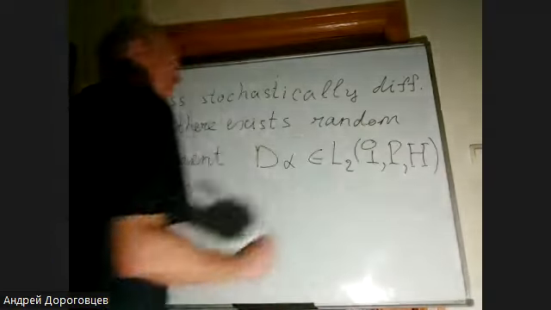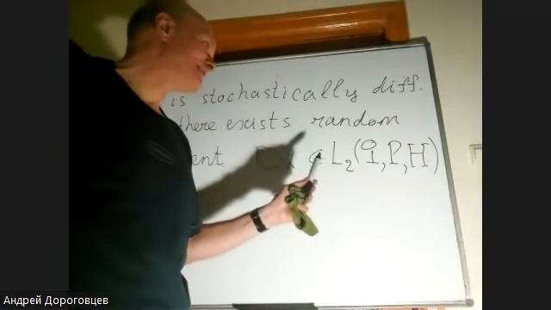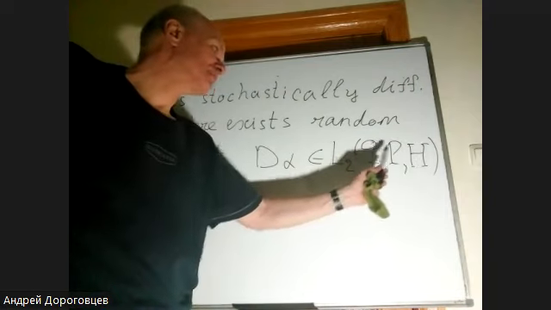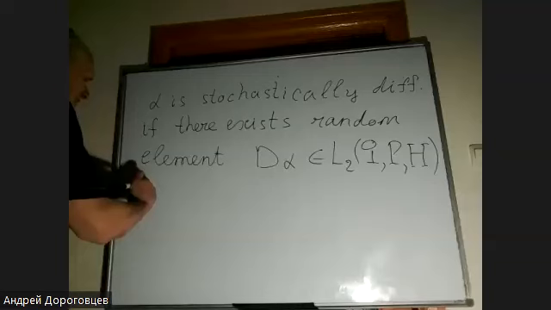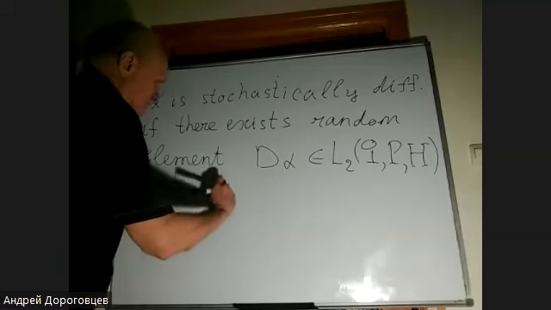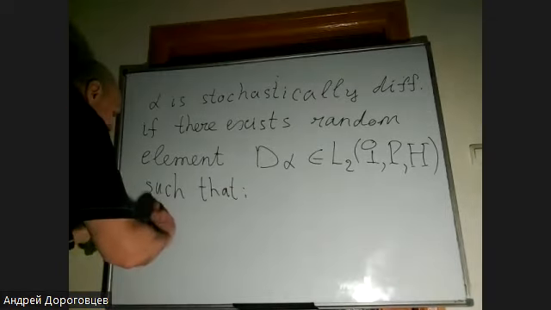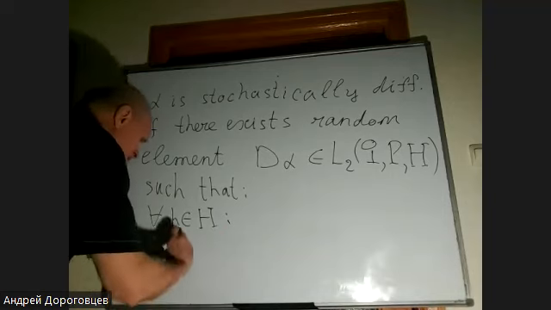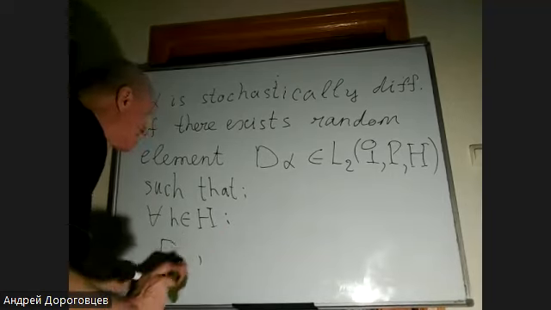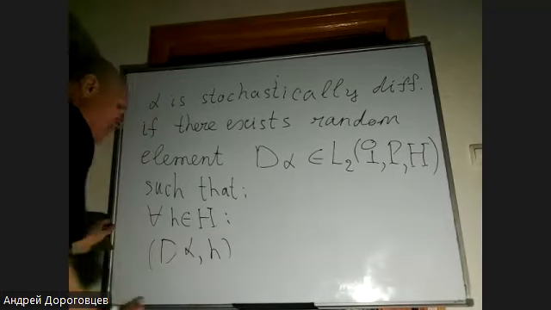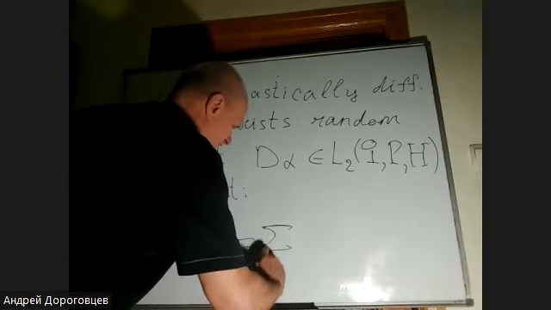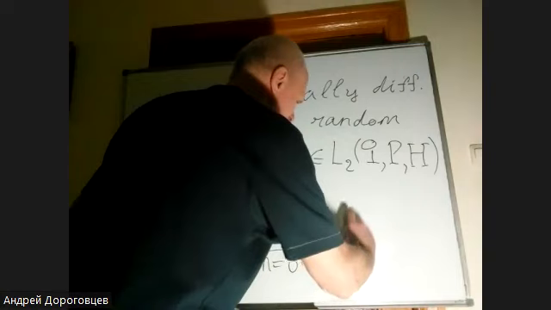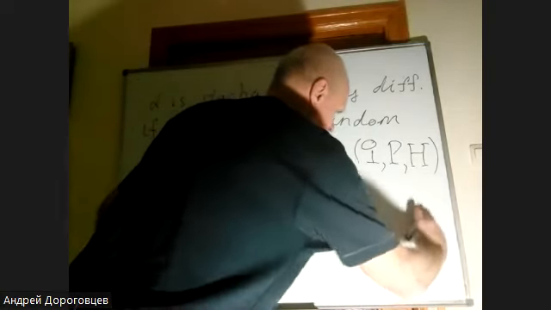So it is a random element in the space H, but it is integrable with respect to its norm in square, integrable with respect to the measure Q, such that for arbitrary h belonging to our space, the scalar product of d alpha multiplied by h is equal to the sum from n equals 0 to infinity of a_n with h substituted, with psi of order n minus 1.